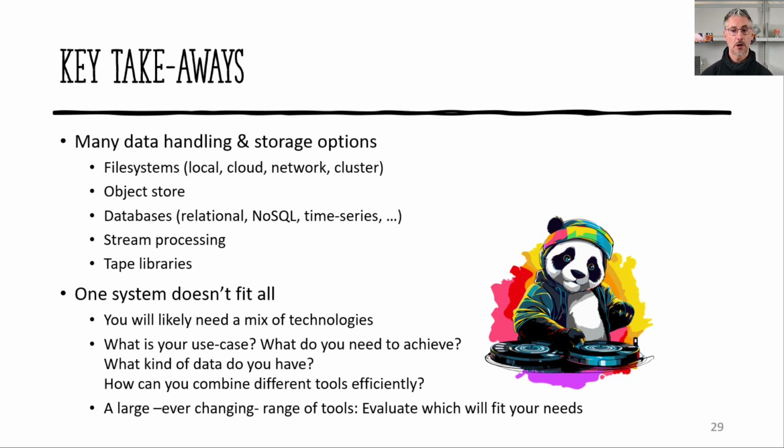We need to think about what kind of data we have and how we can combine the different tools that we need into one effective system. And of course, we have an ever-changing set of tools, and what was the optimal choice maybe 5 years ago may be better with a different choice for the future. We need to think about the longevity of our data, as we need to store and process data for more than 10 years.